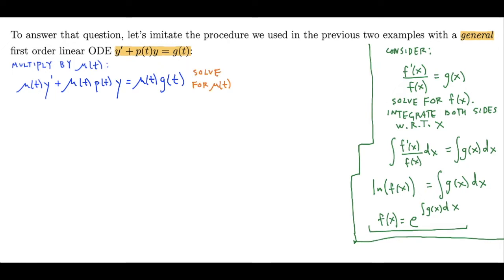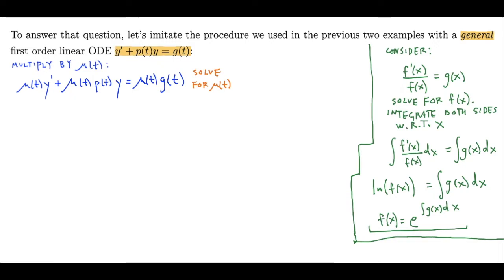Looking back at the previous examples, you'll also recognize that in both cases, this left-hand side had all of the ingredients which enabled us to call this the result of implementing the product rule. In the previous examples, the mu of t had been chosen just right, so that when we multiplied through, this left-hand side became the result of a product rule.